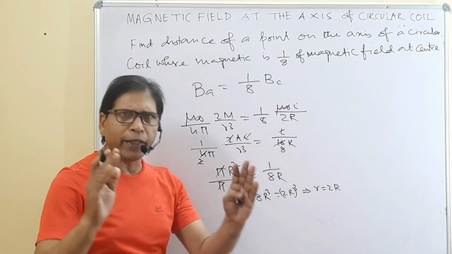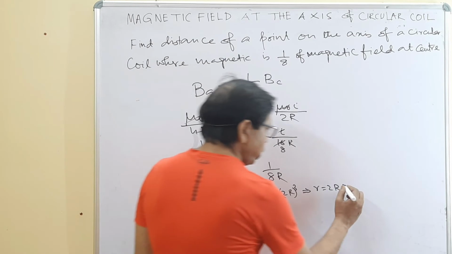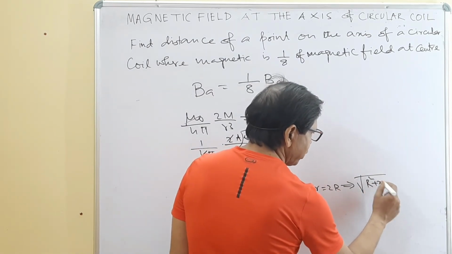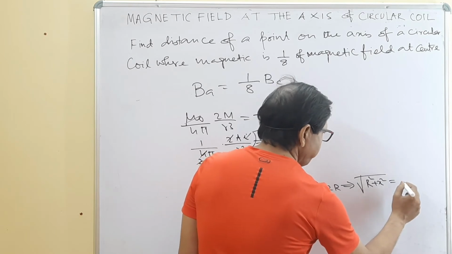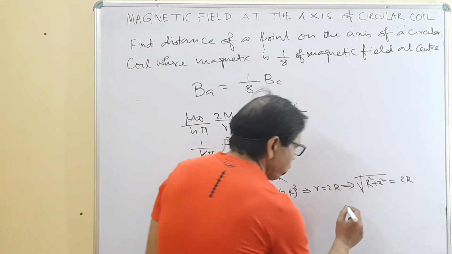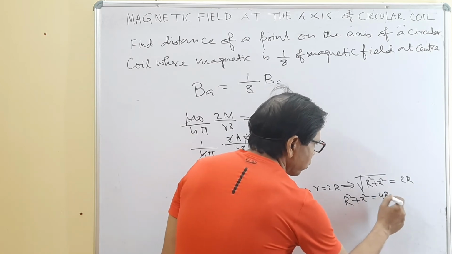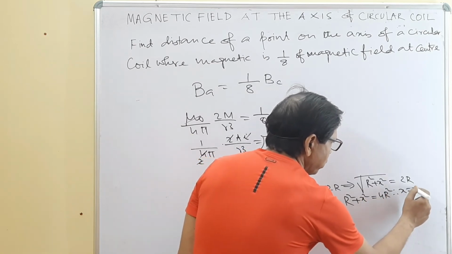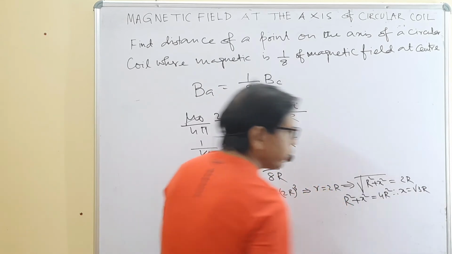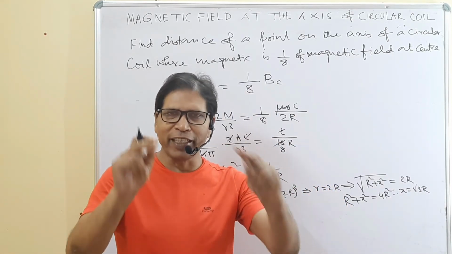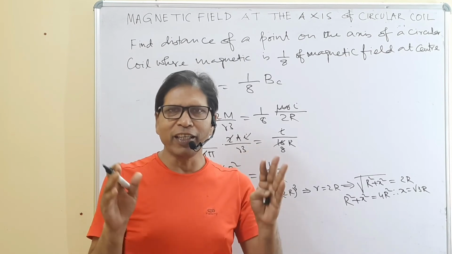Now R² + x² = 4R², therefore x = √3 R. Therefore the distance of the point from the center is √3 times R.